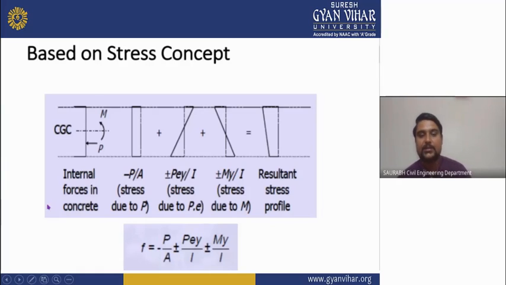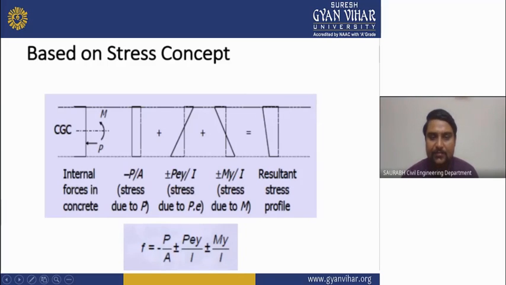First one you can see is showing the internal force in the pre-stressed concrete, and this graph is showing the stress diagram, which will be equal to Pey upon I, the stress due to Pe, and the resultant stress profile will be like this.